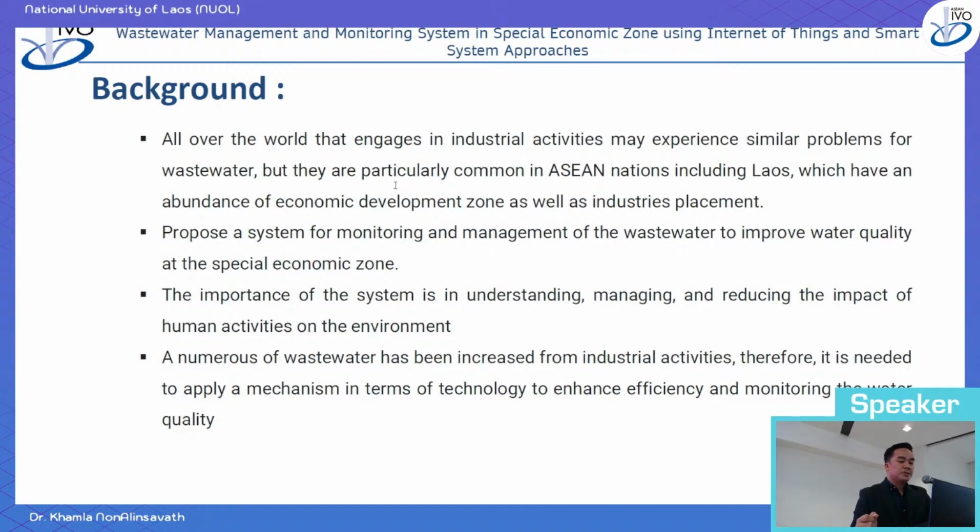So we need to follow our regulation to do some business studies for environmental monitoring. So now we try to provide some technology to propose for wastewater and to improve the water quality for the special economic zone.